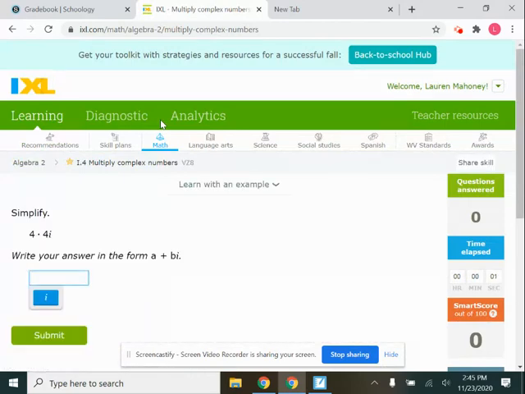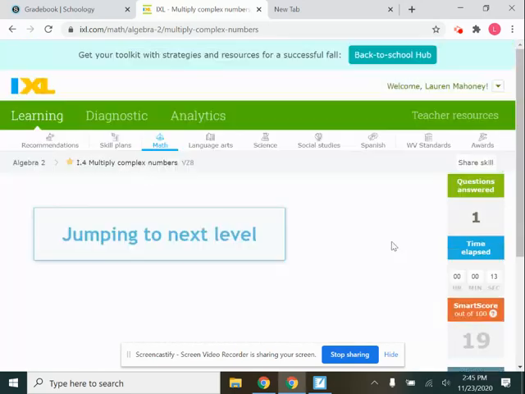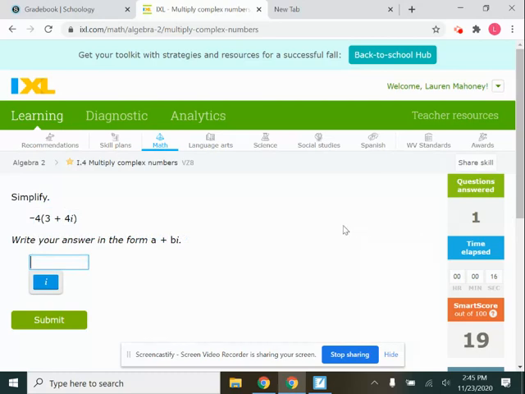I.4 is multiplication. It starts out simple. Like, for example, this one, 4 times 4i is going to be 16i. This one, again, is very similar. Then eventually it's going to move you into distributing. So, for example, this one would be -12 minus 16i.